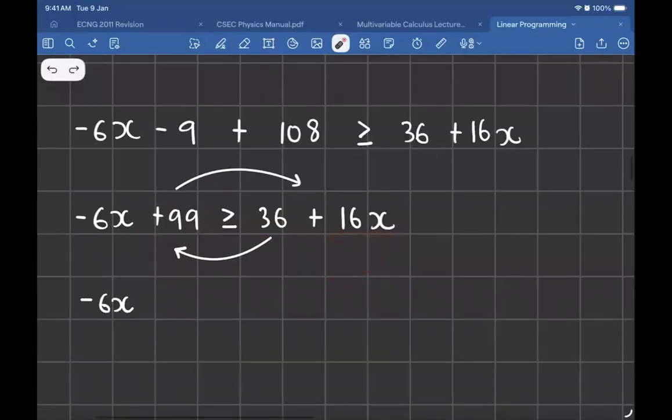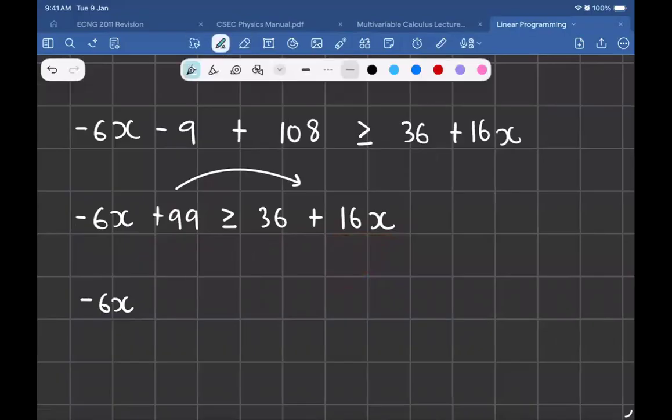Oh, okay. I was wondering. Right. So that'll become minus 6x. What next? 16x, greater than or less than or equal to 36 minus 99.